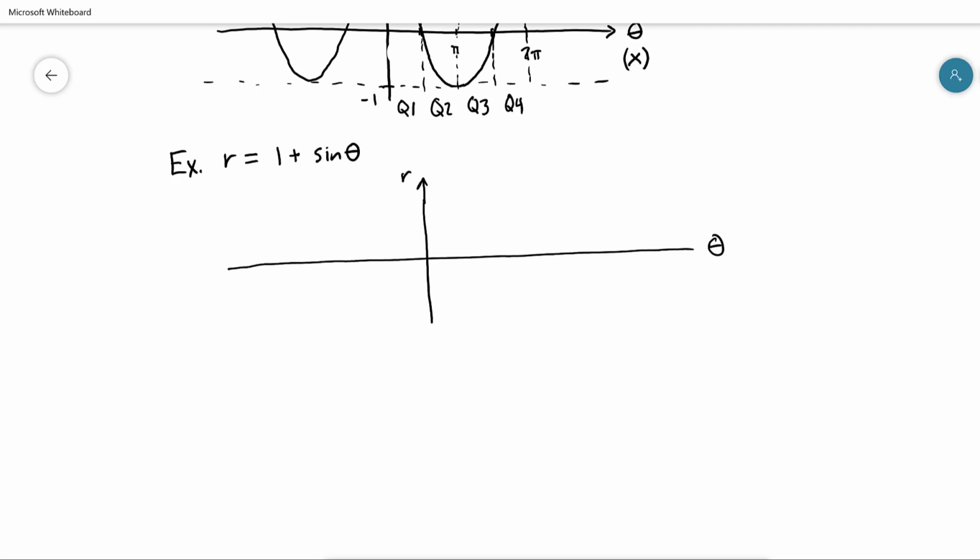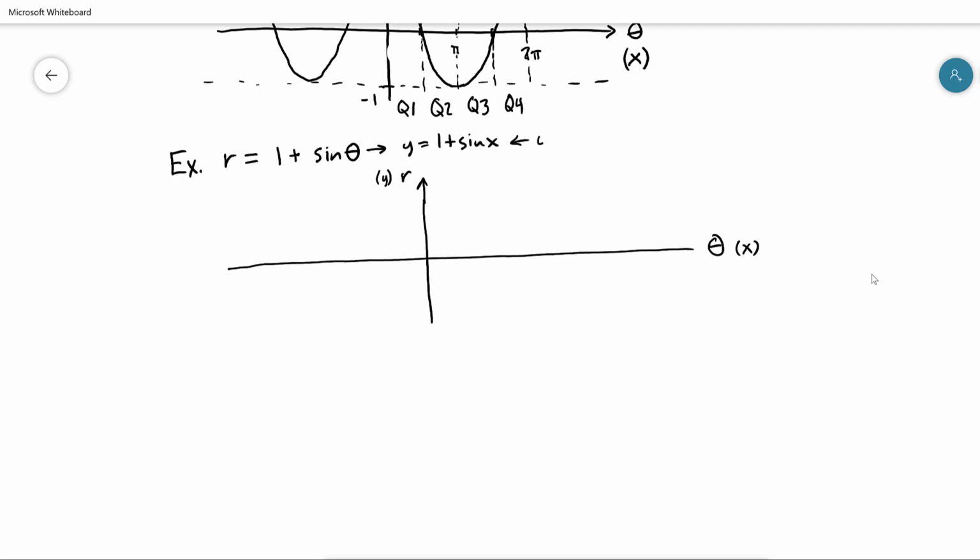And what does the graph of r equals 1 plus sine of theta look like in r-theta? Again, we're essentially treating this as kind of like this being our y, this being our x, and calling this graph y equals 1 plus sine of x.